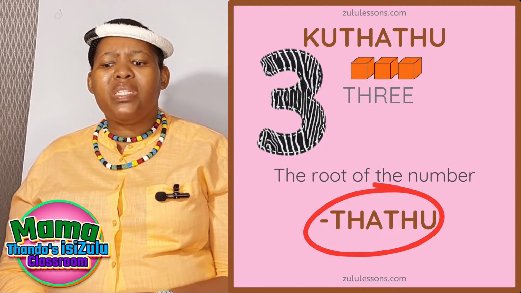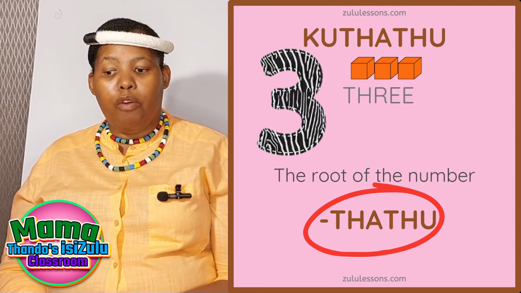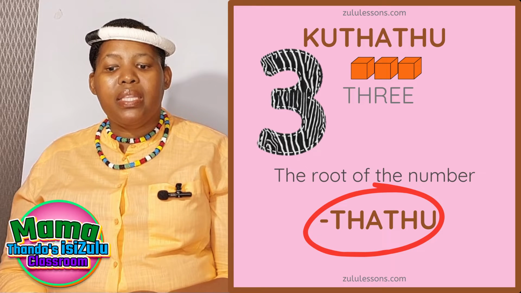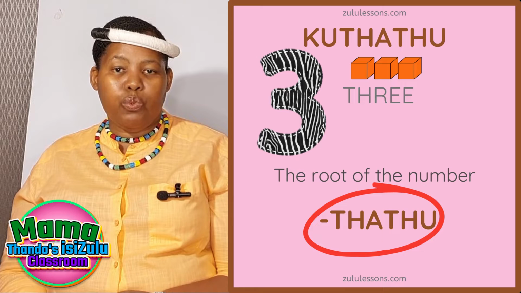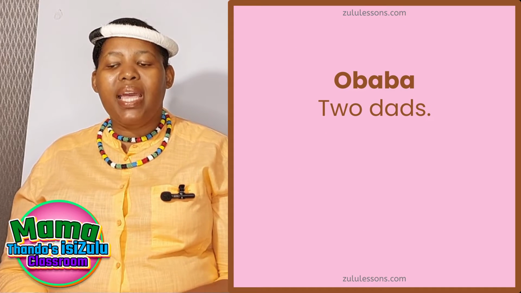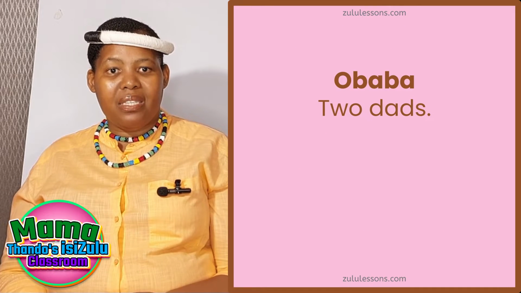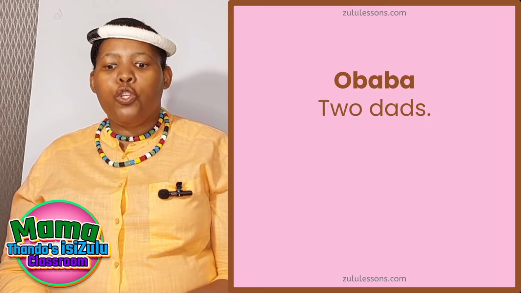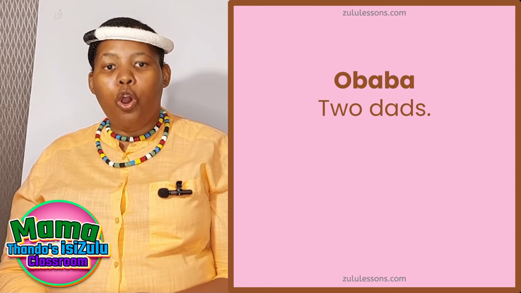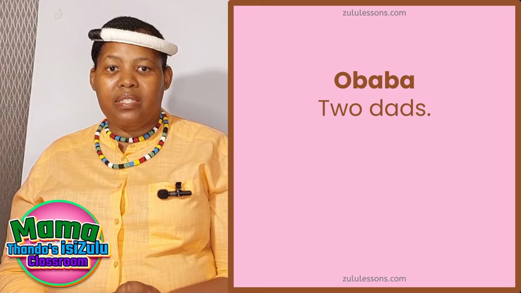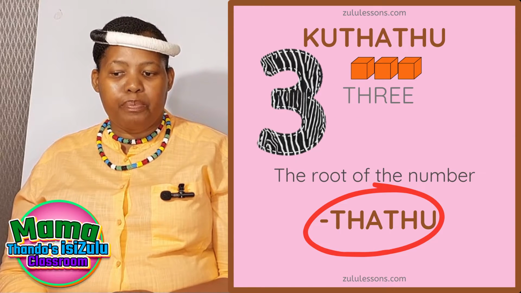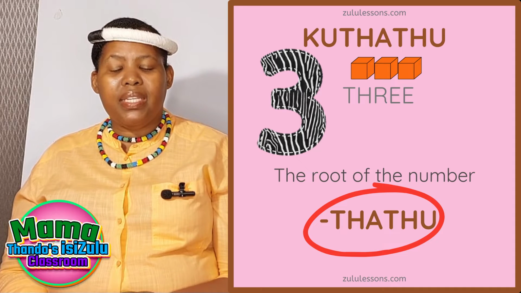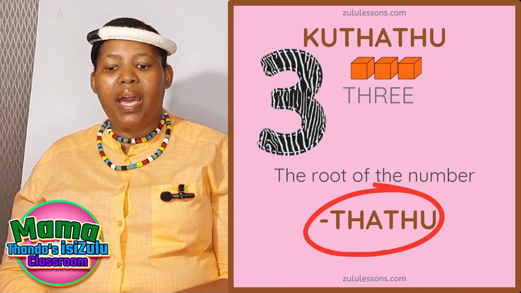The number you will see will be the root of the full number that we use when we list numbers in isiZulu. To say 3 dads or 3 fathers, you will see the word obaba, fathers, first, followed by the number 3. The number 3 in isiZulu is kuthathu.